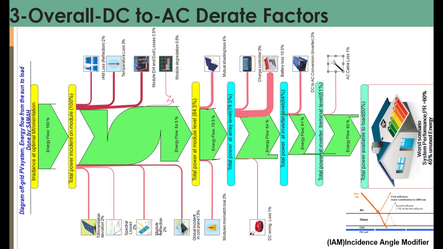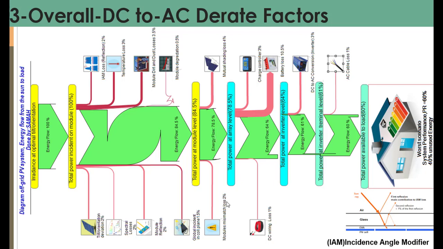Module reflections, the reflection of light on the surface of the module, will cause also another source of losses, and also global incidence in collector plane also has another effect of a derating factor.